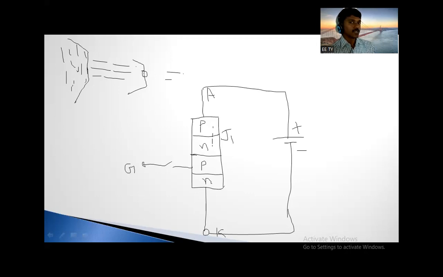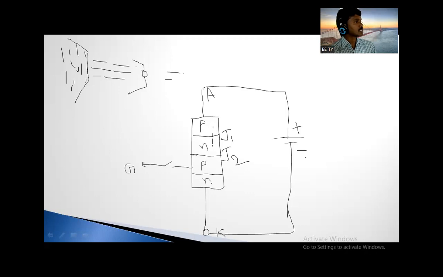So in order to make this junction forward biased, see here, junction J2. With respect to the junction J2, the N-type material is connected to the positive, and the P-type material is connected to the negative.